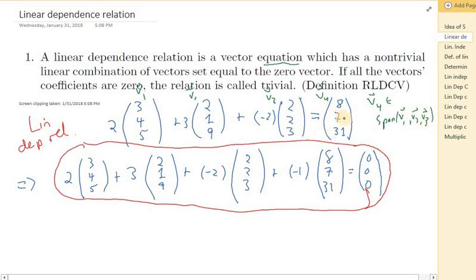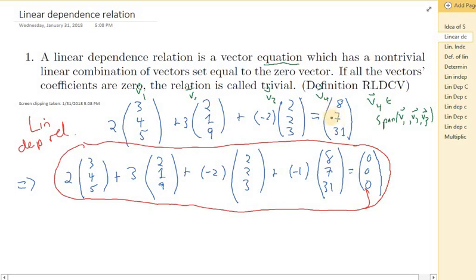Right? Because I'm expressing V4 as a linear combination of V1, V2, V3. Now this is not a linear dependence relation. Why is that? Because a linear dependence relation has a linear combination of vectors set equal to the zero vector. I don't have the zero vector on this side, so it's not a linear dependence relation.